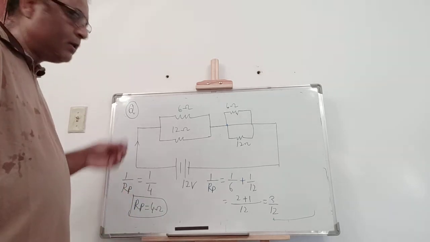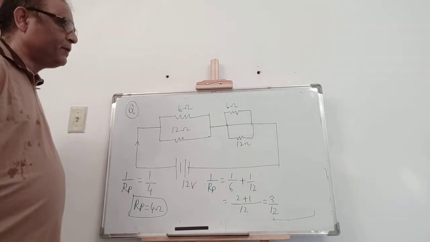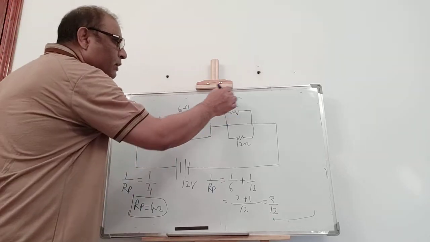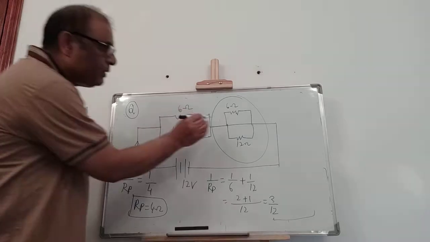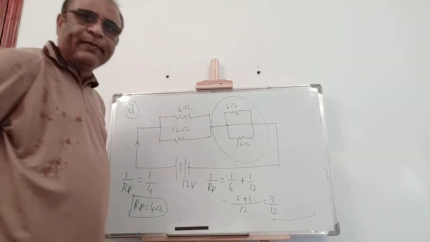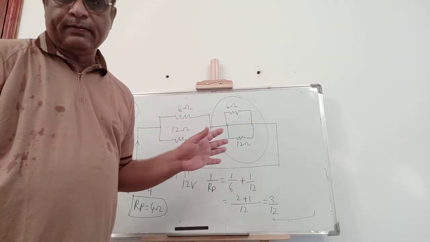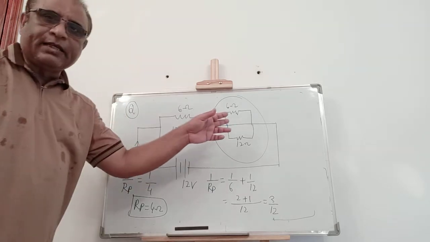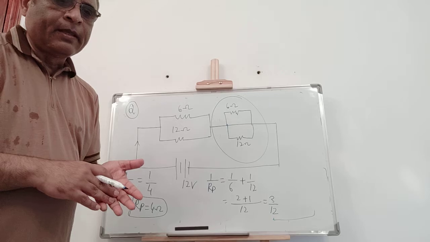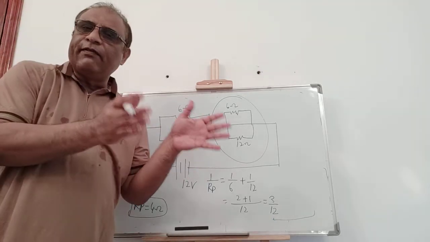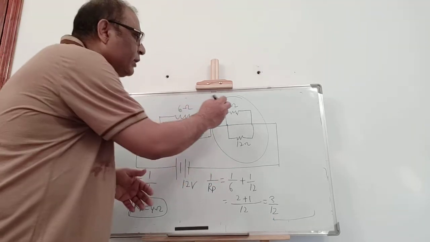Now here a new concept comes. What about this 6 and 12 again? This is a connecting wire. It means it has no resistance. Here the resistance is negligibly small, just like a connecting wire. Just like suppose you are driving a car and you have 3 routes.